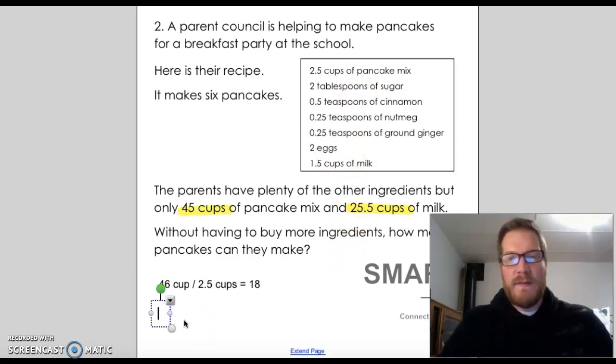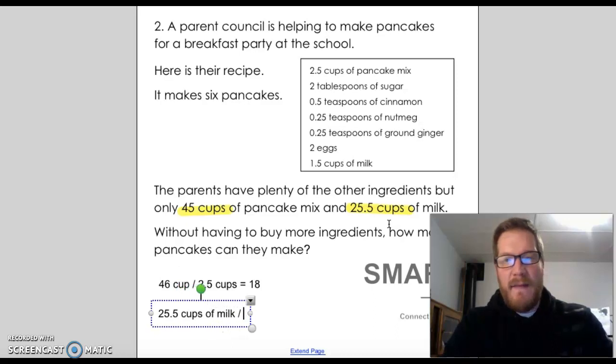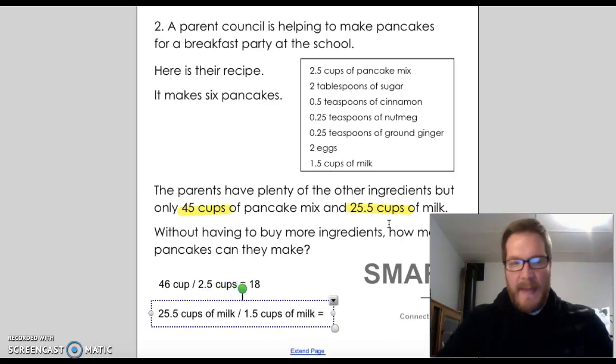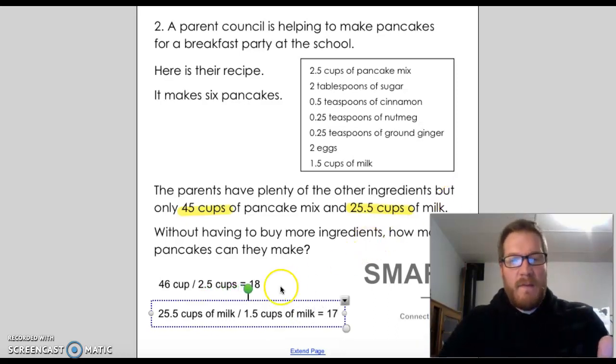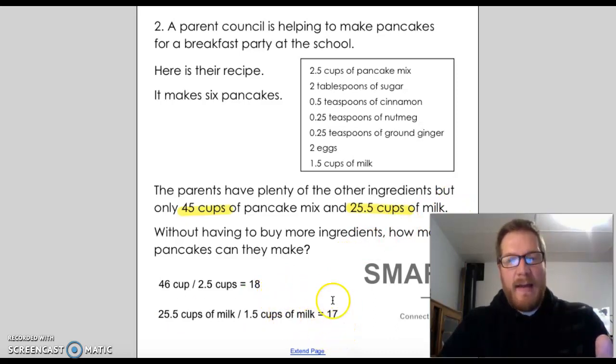Now, I'm also going to do the same thing with the 25.5 cups of milk. If I have 25.5 cups of milk, and I divide that by 1.5 cups of milk, I get 17. So what that means is I can make 17 recipes. I can't make 18. I don't have enough milk for that. I've only got enough milk to make 17 recipes.